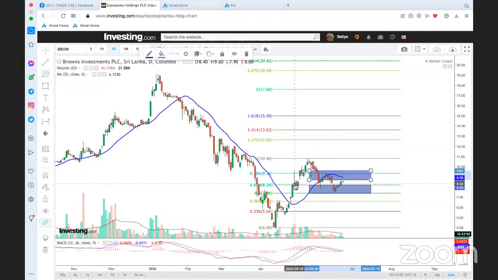If we consider this as the left shoulder and this as the right shoulder, a breakout above the top level of this zone will reject that head and shoulder formation as well. So we take this as the resistance, this as the support. Ideally, if there is a reversal to take support, the price should stay within these two zones. Let's hope that it will happen.